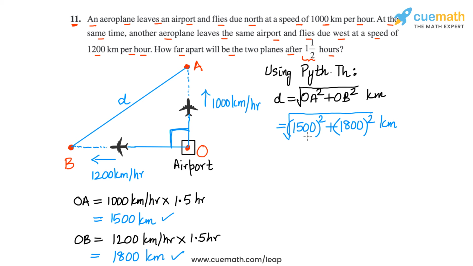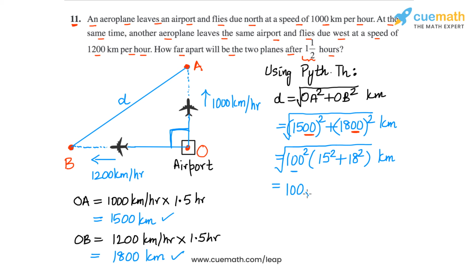Now both the square terms have 100 in them, so I'm going to take out 100 square common. So the root of 100 square into 15 square plus 18 square. This is how I'm going to write this, so make sure you understand how I've done this. I take out the 100 outside the square root.